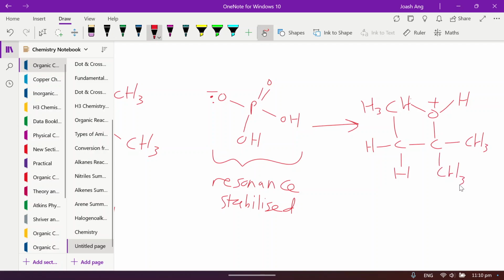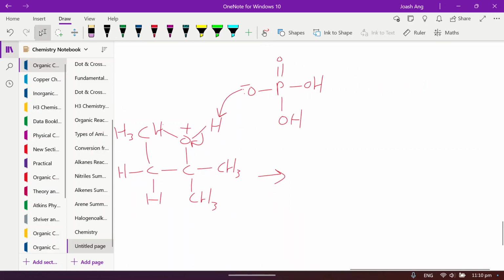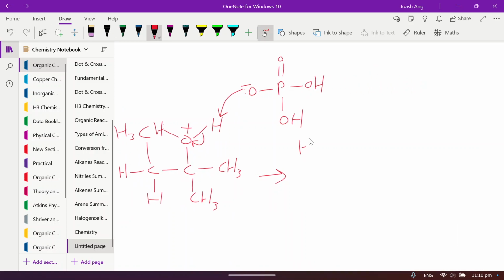And since this is a catalysis reaction, I will want to use the deprotonated phosphoric acid to gain back that hydrogen atom. And thus this will help us form the alcohol as well as form back the H3PO4 catalyst.